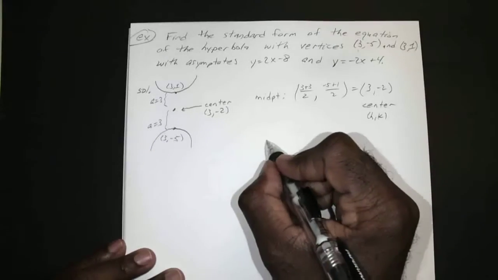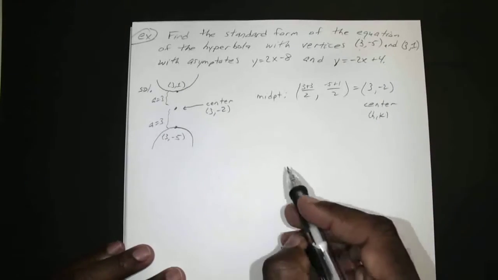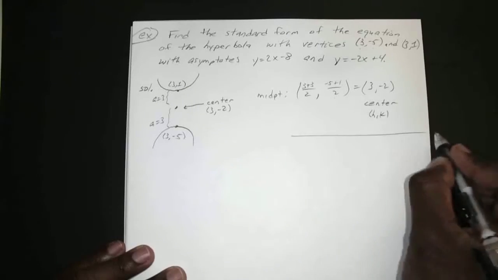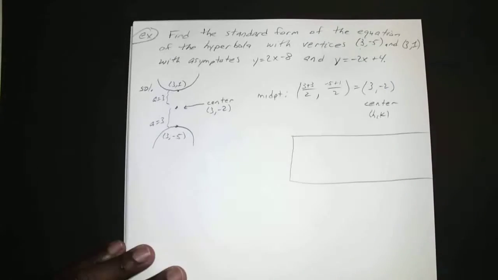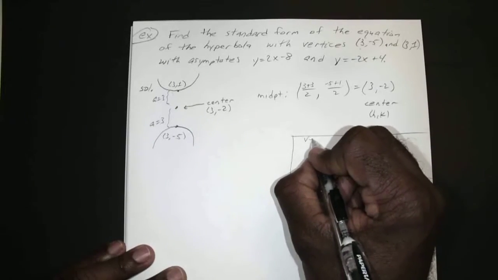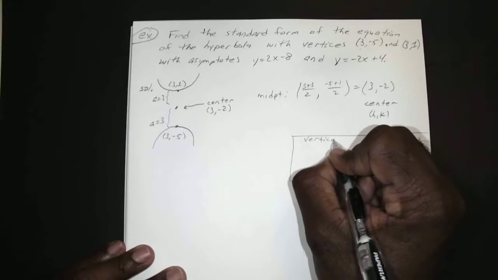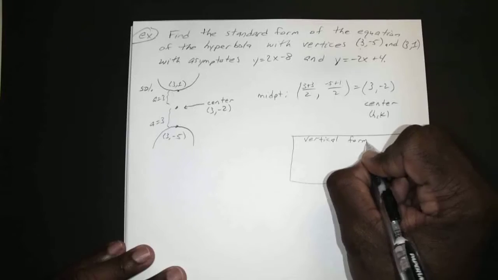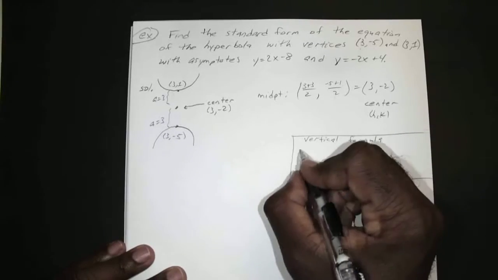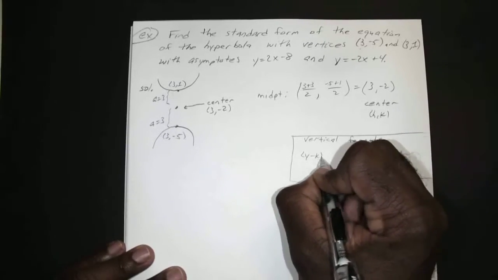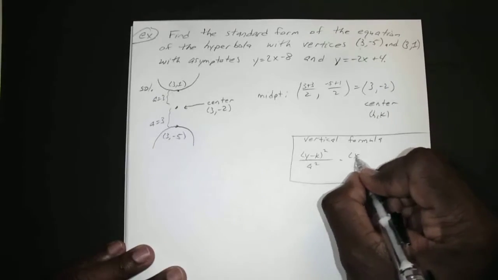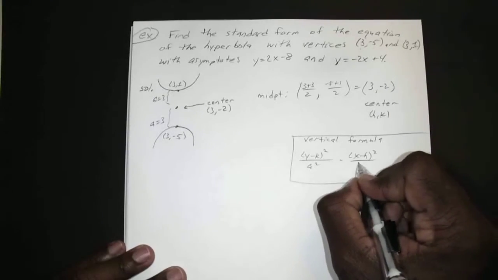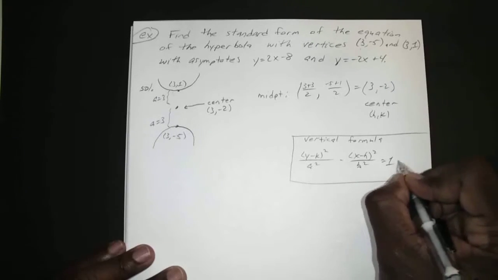So if we wanted to get our formula, which is what we're looking for, actually I should have probably written this first, since as soon as we figured out it was vertical. You know, it's (y minus k) squared over a squared minus (x minus h) squared over b squared equals 1.